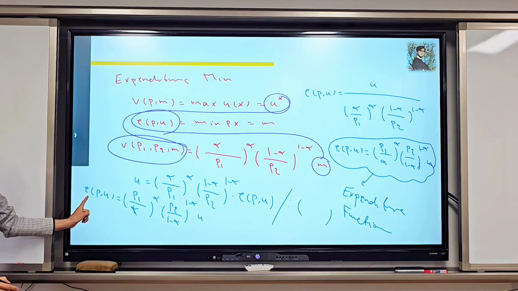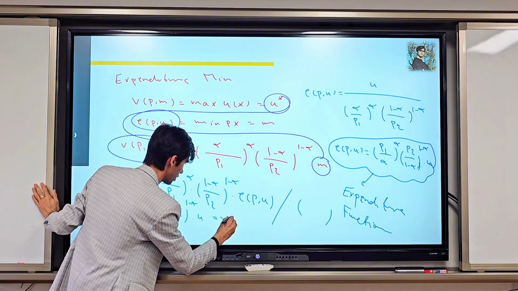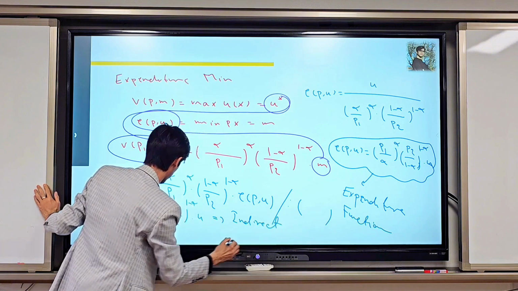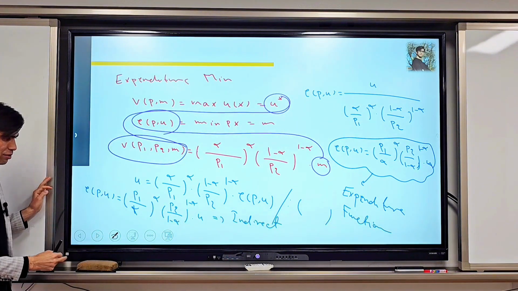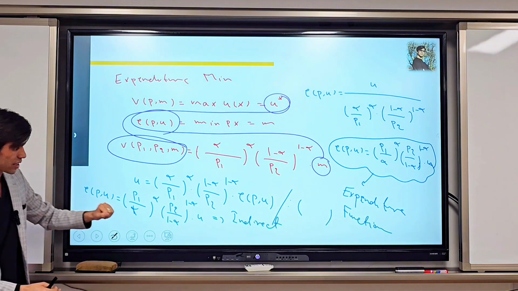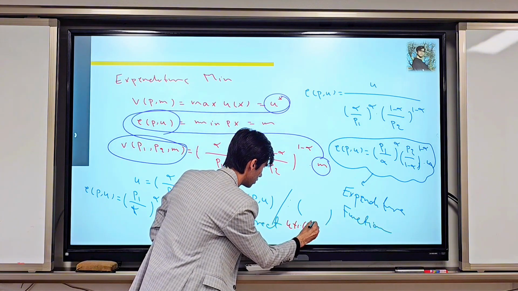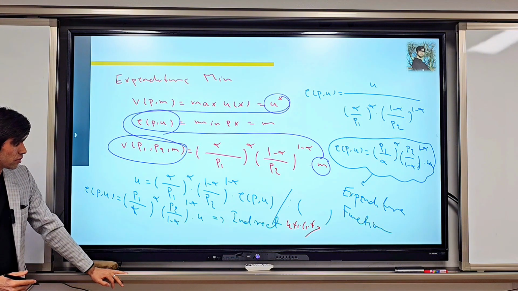If you have the expenditure function, and someone asks you to find the indirect utility function, what will you do? Can you tell me what you will do? If you have this expenditure function and someone asks you to find the indirect utility, then what will we do? Move by U.